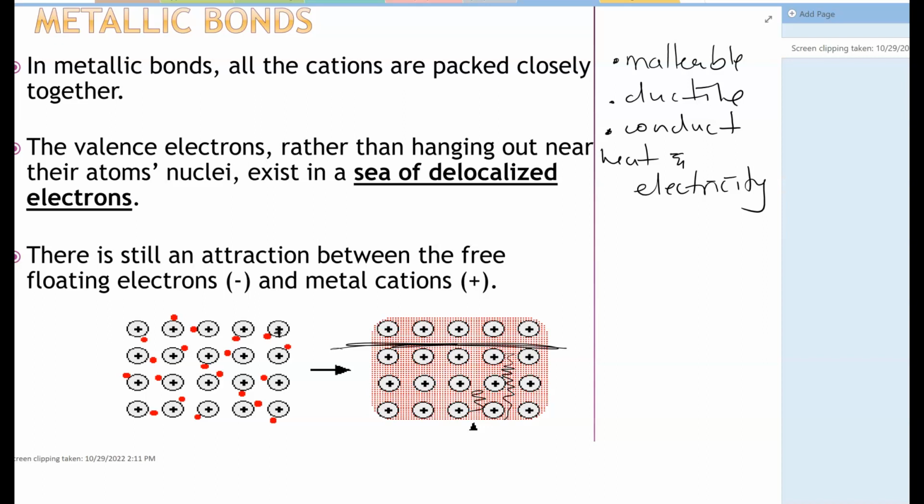So the three kinds of compounds and three kinds of bonds. The three things we talked about so far are covalent, ionic, and metallic. Covalent compounds are between nonmetals. Ionic is between a metal and a nonmetal, and metallic is just metals.